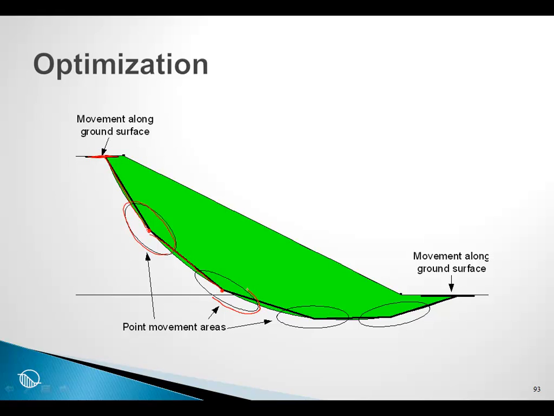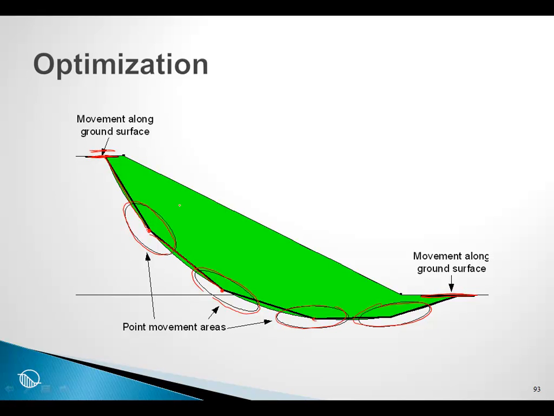Once again, it searches in the elliptical area, and these points are moved around, each time looking for a lower factor of safety. Finally, the exit point is moved. Once the lowest factor of safety has been found for each of these point movements, then the procedure goes to the top and starts all over again and goes through all the points.